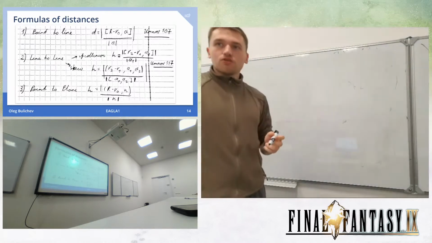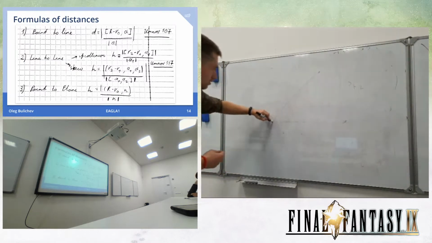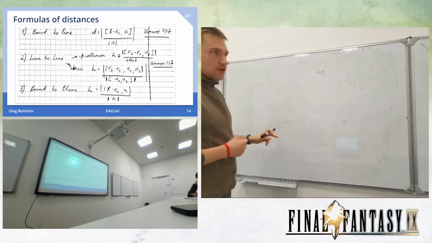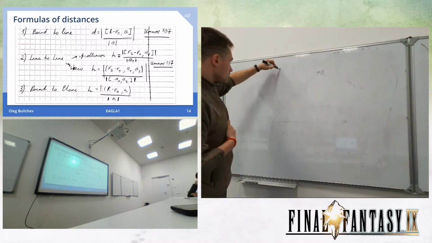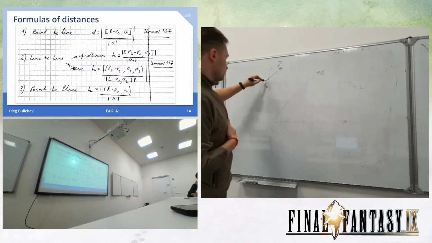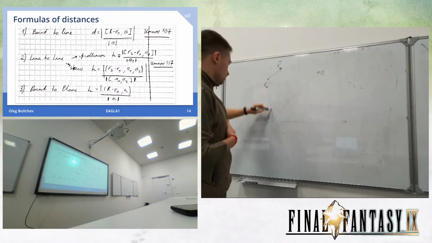You are not projecting the point. Actually, point A is a vector. And our line is R0, which is also going from this guy.